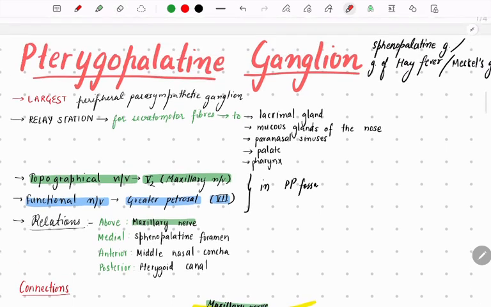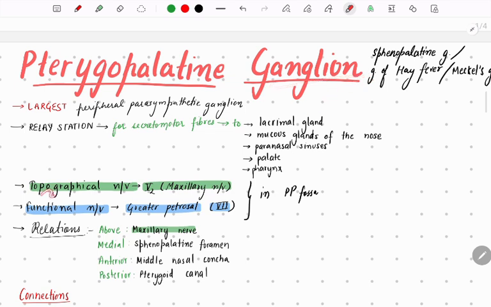For the pterygopalatine ganglion, the topographical nerve is the maxillary. As I told in the last video, for all four of these parasympathetic ganglions, we have the trigeminal nerve as the topographical, with different branches of the trigeminal.